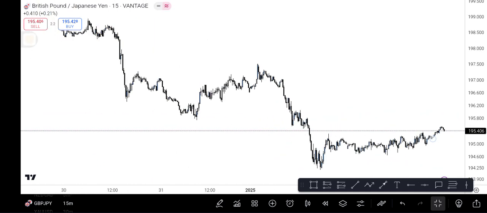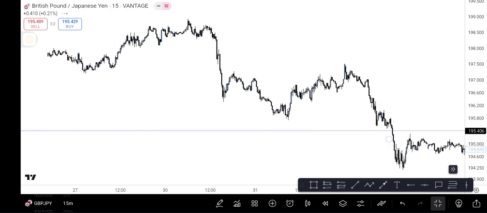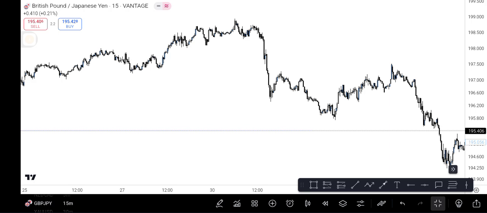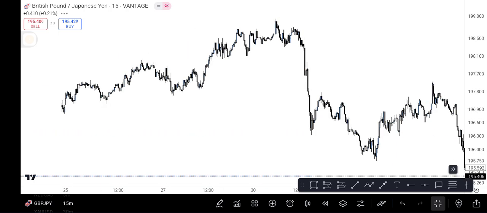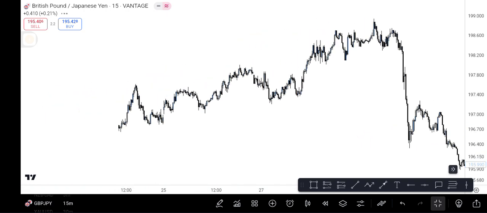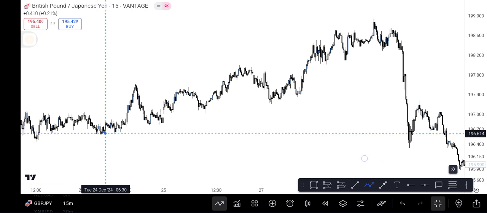Now if you look at this chart, you would see that price will initially be in a downtrend. Let's use this example here, because this is a healthy trend. So remember, you only trade a healthy trend.